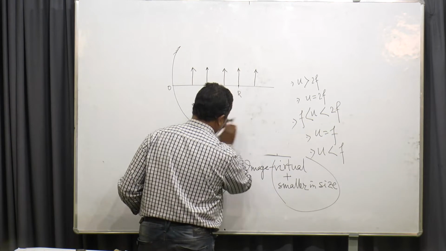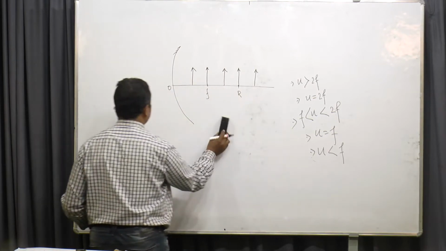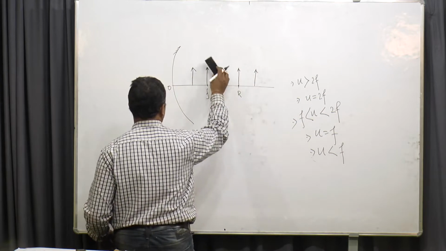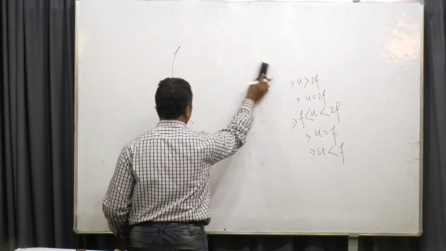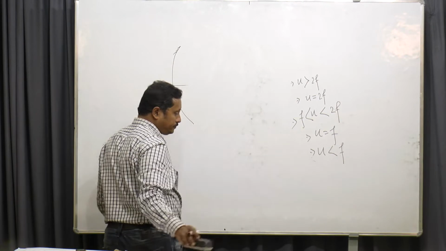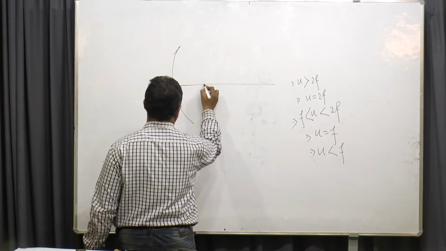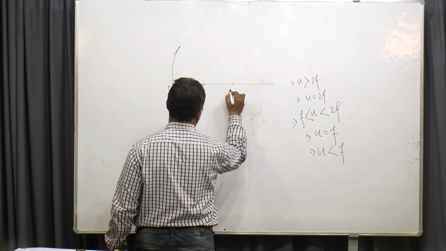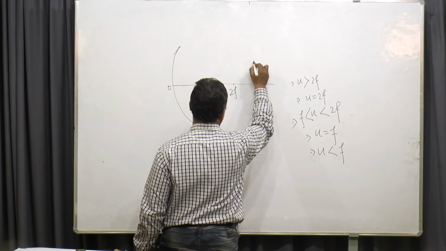Now how can you draw an image? Suppose I take the case where I have my object beyond 2F. I am having my object here.